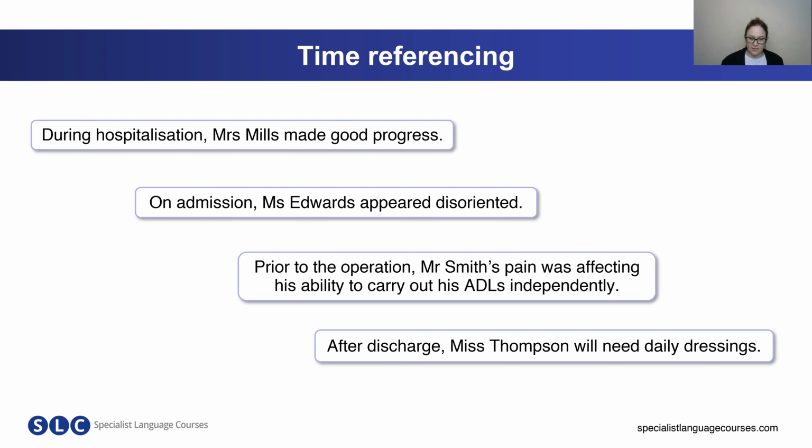So the phrases that are useful here are during hospitalization, on admission, so to talk about what happened the moment that they were admitted. So this could be, depending on how long the hospitalization is, 5 days ago, or maybe even a couple of weeks or months ago, depending on the case. Prior to the operation and after discharge.